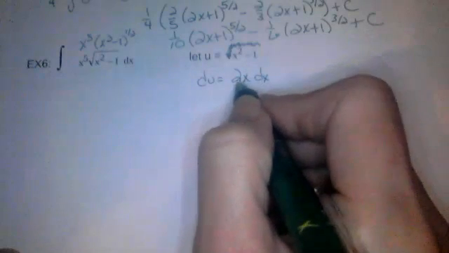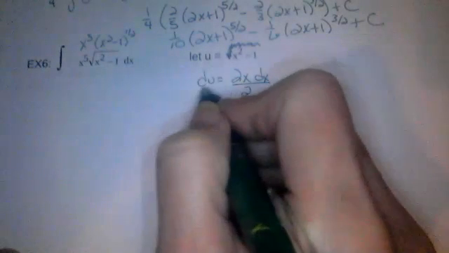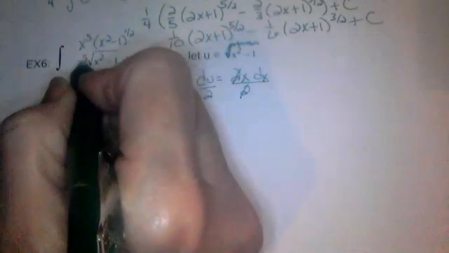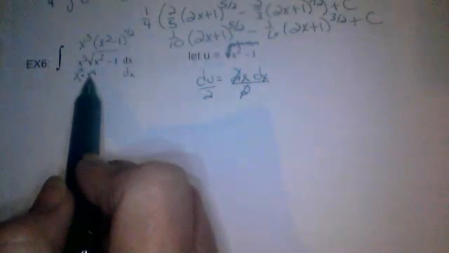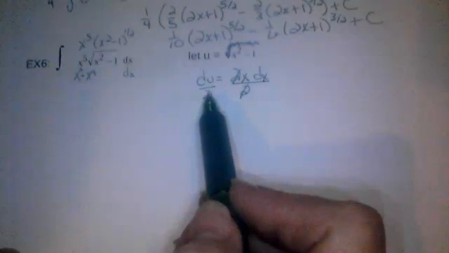This dx, if I were to divide this by 2, then I would have an x dx. Well, here's an x dx. That would leave me with x times x to the 4th times the square root. So this thing right here, I'm going to use one of these x's and take this down to an x to the 4th. And this dx I'm going to replace with du over 2.